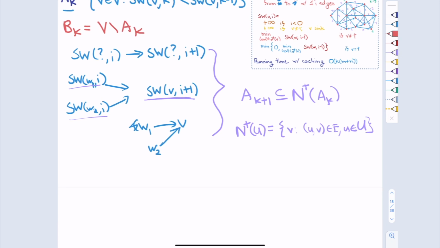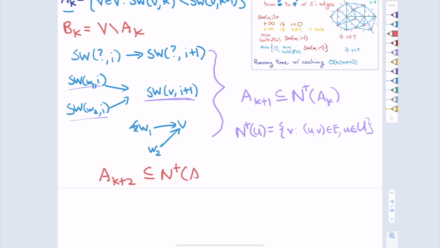Okay, so what else does that mean? If I look at the next round, round 102, this is a subset of the vertices that are one step away from those that get updated in round 101, and this is a subset of the vertices 2 hops away.